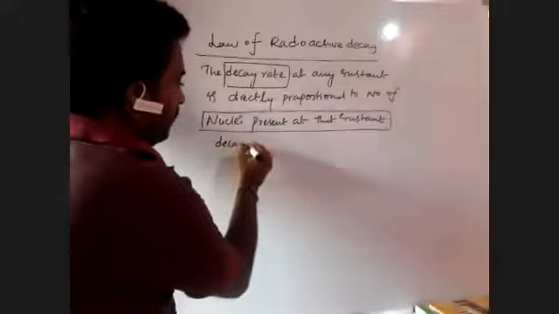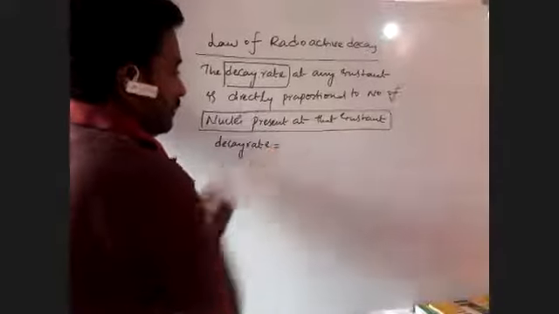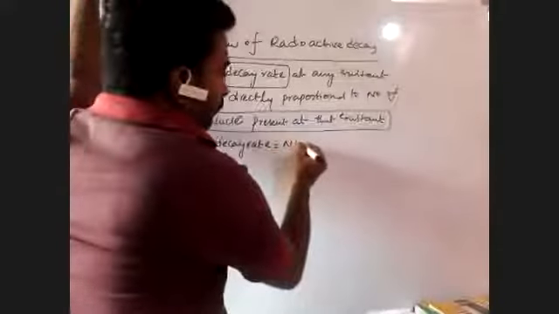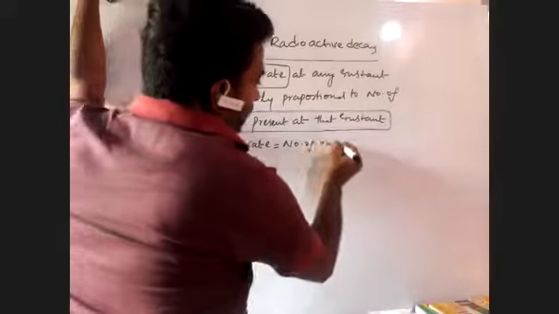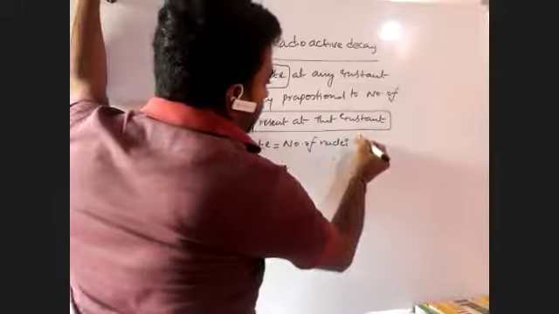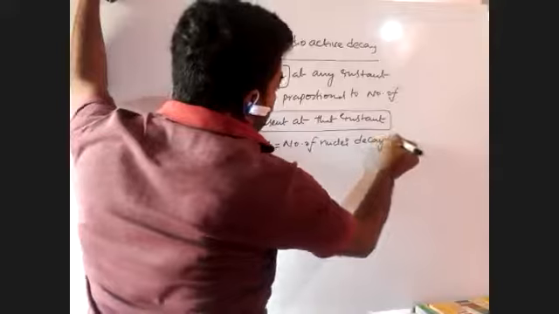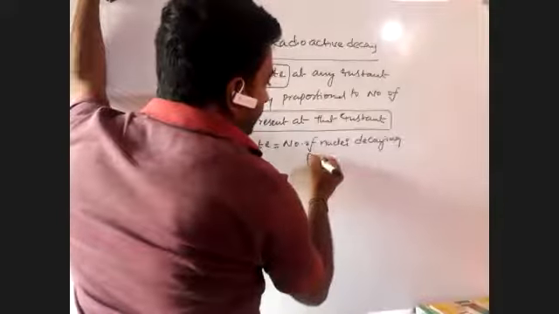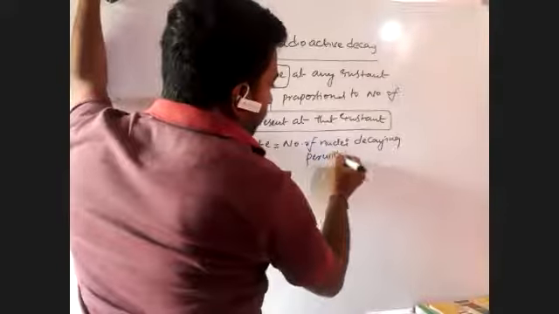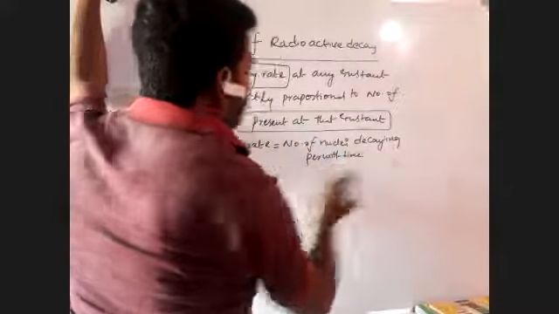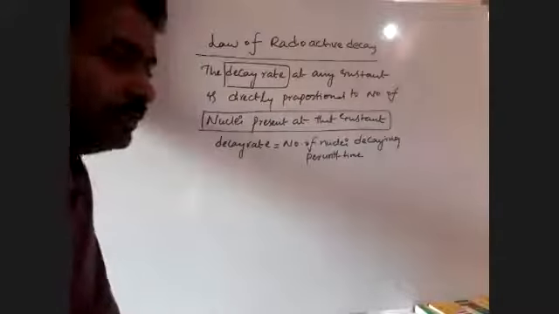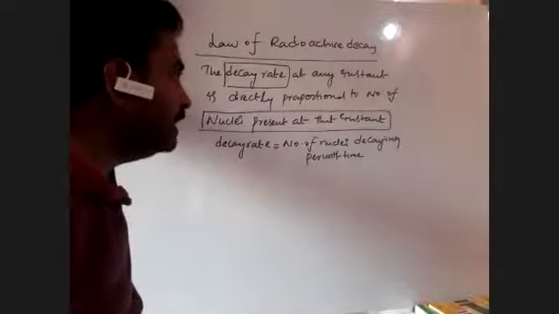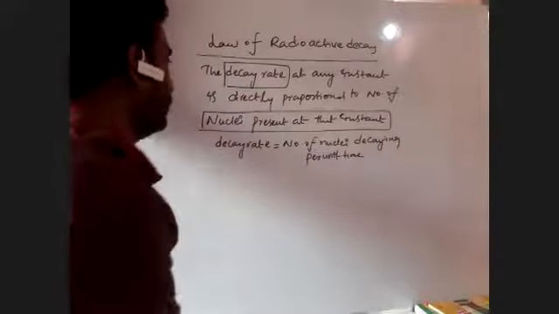Decay rate means the number of nuclei decaying per unit time. Decay rate is nothing but the number of nuclei decaying per unit time.